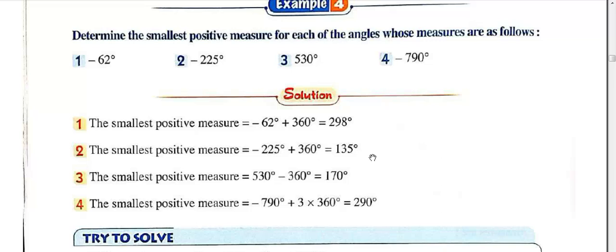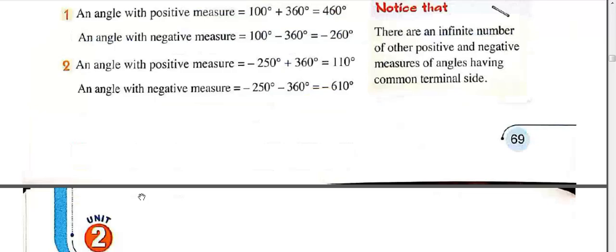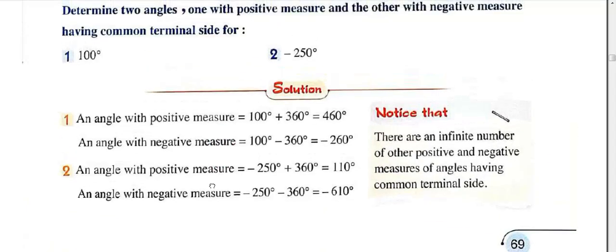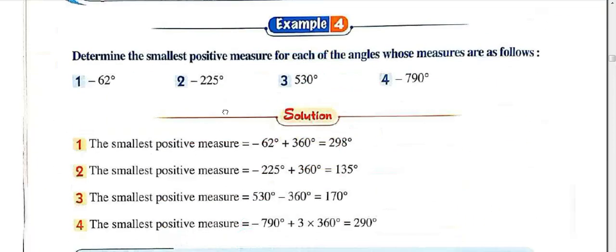Number 3, for 530 degrees, we subtract 360, and it will be 170.